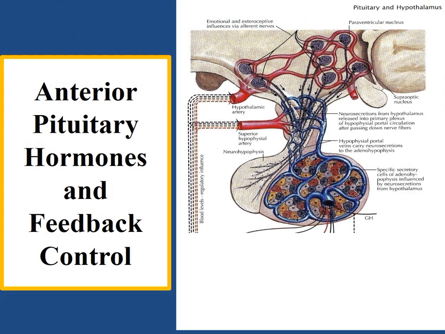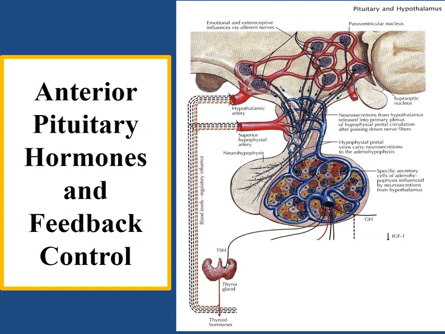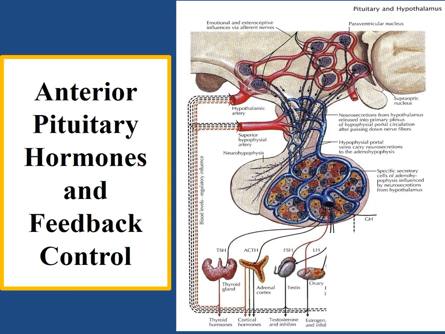Here we can see the anterior pituitary, anterior pituitary hormones, and feedback control. Adenohypophysis produces TSH, thyroid stimulating hormone. TSH stimulates the growth and function of the thyroid gland. ACTH stimulates the growth of the adrenal cortex. Gonadotropins, LH and FSH, act on testes and ovaries.